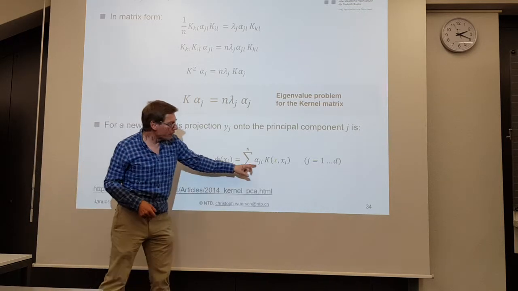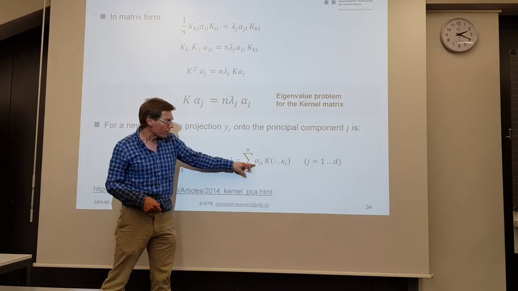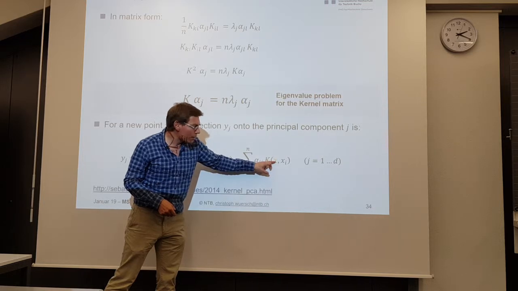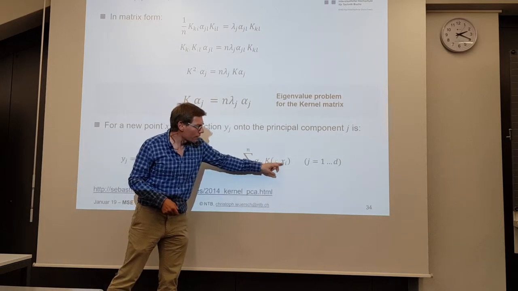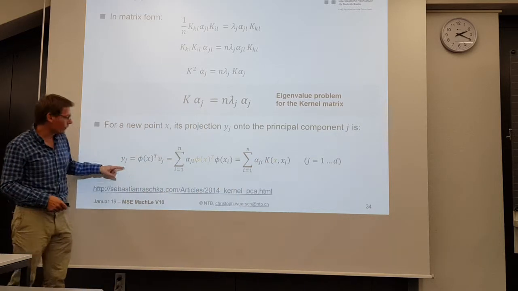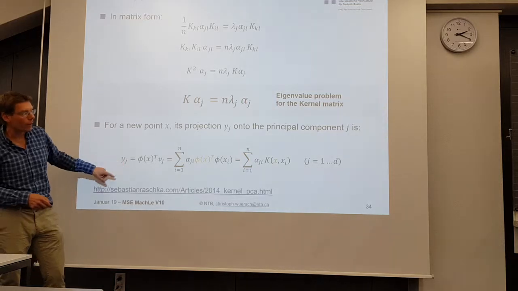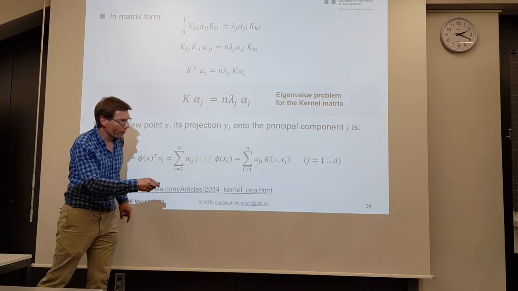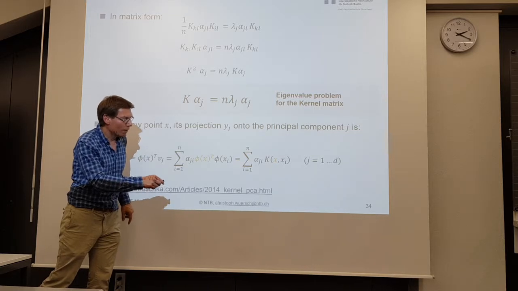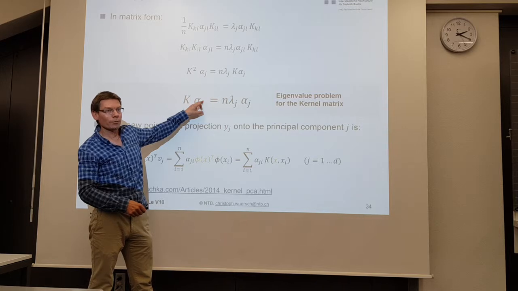We can calculate it by a multiplication of these alpha coefficients, given a kernel matrix where now the x vector, the full vector, turns in, and I multiply it out, I get the projected vector in my lower dimensional space. So what we need is to calculate the kernel matrix for a given x, and these are the solution of this eigenvalue problem.